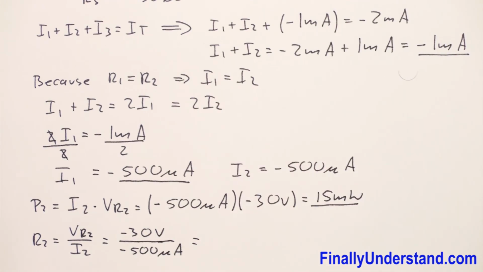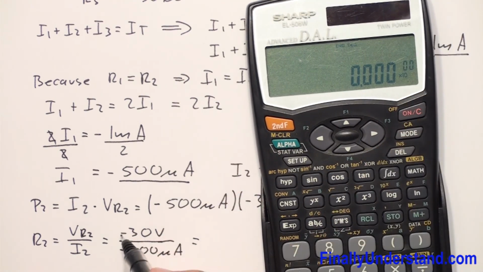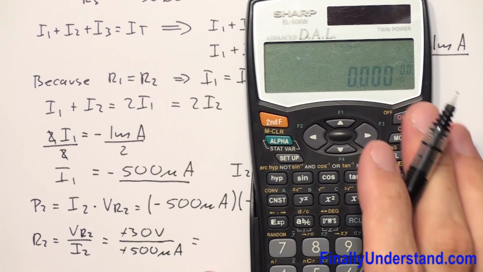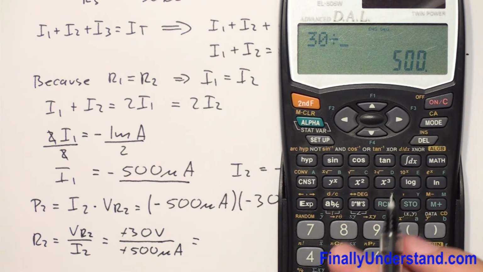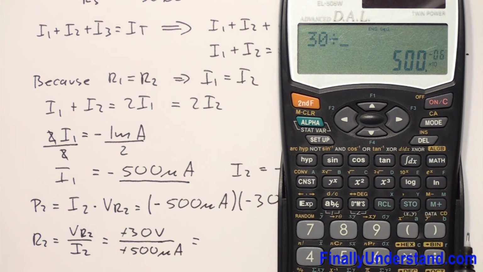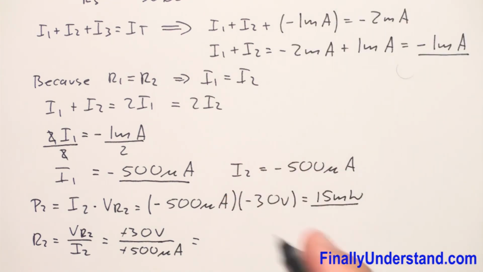The negative and negative will cancel out, and I have 30 divided by 500 times 10 to the negative 6. This is equal to 60 kiloohms.